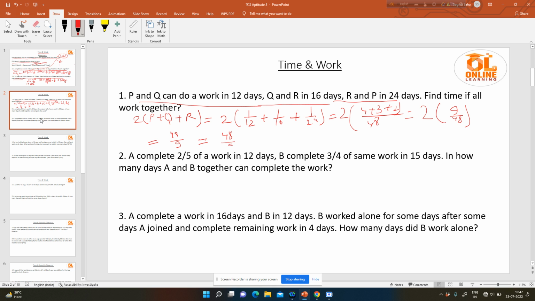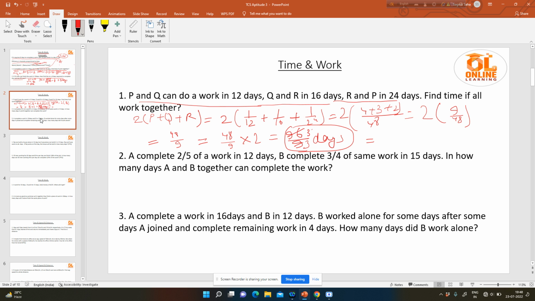So 48 by 9 into 2, it would be 96 by 9 days. They would take 96 by 9 days to complete the work. Or you can reduce it by 3, 3 3s are 9.